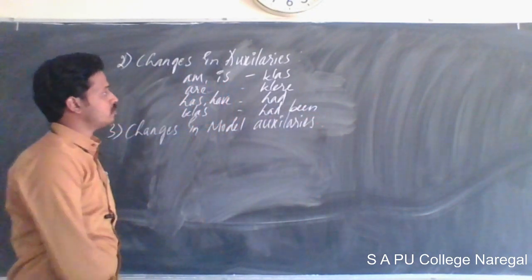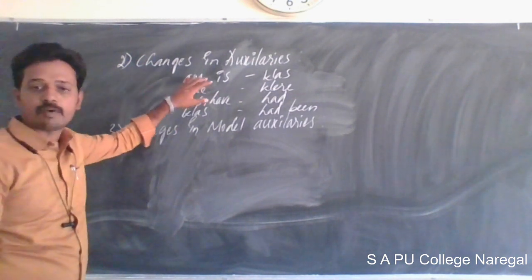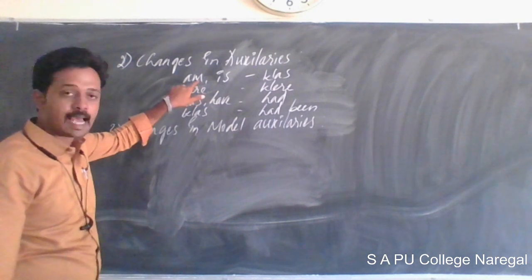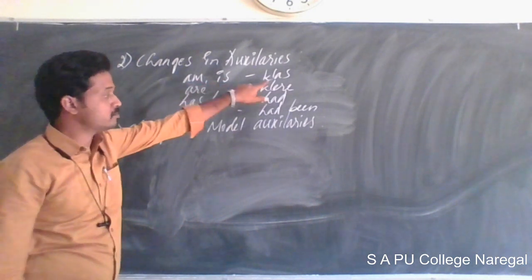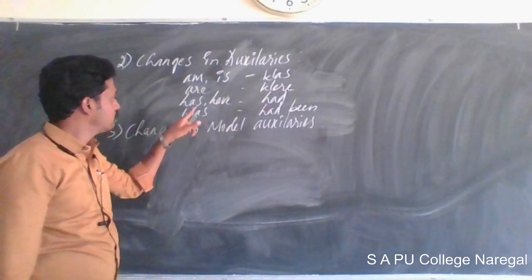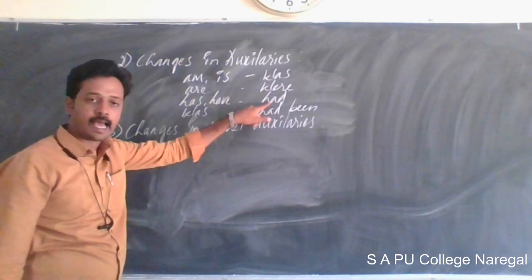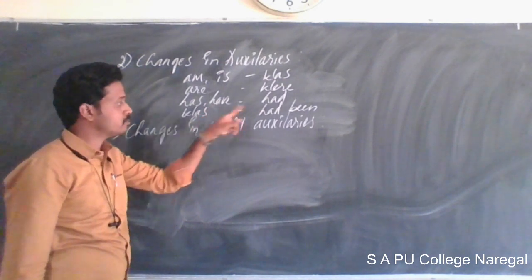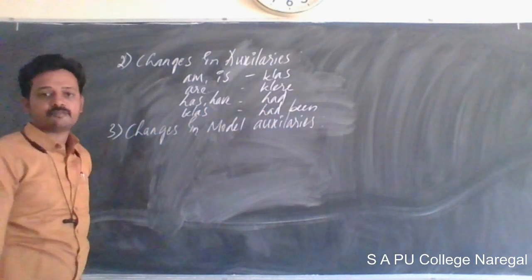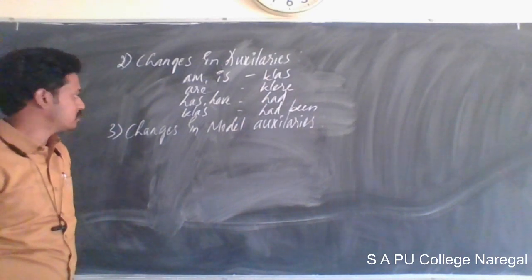So these are the four auxiliaries we have to change when converting a direct sentence to an indirect sentence: am and is become was, are becomes were, has and have become had, was becomes had been.